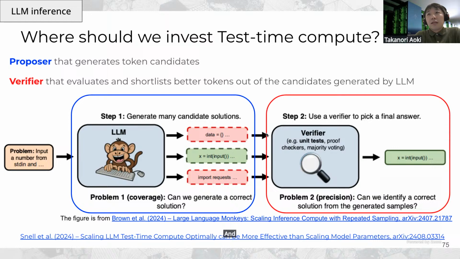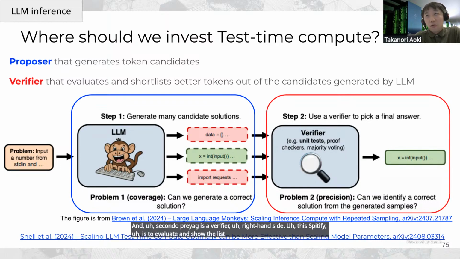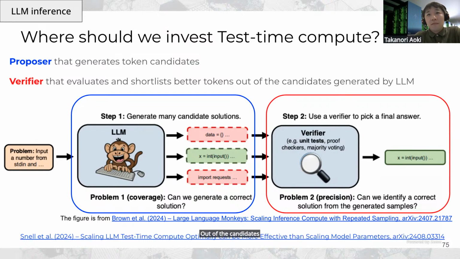The second player is the verifier, on the right-hand side. The verifier evaluates and shortlists better tokens out of the candidates generated by the proposer. So we could think of these two players separately and how to optimize them given the fixed computation budget and the prompt provided by a user.